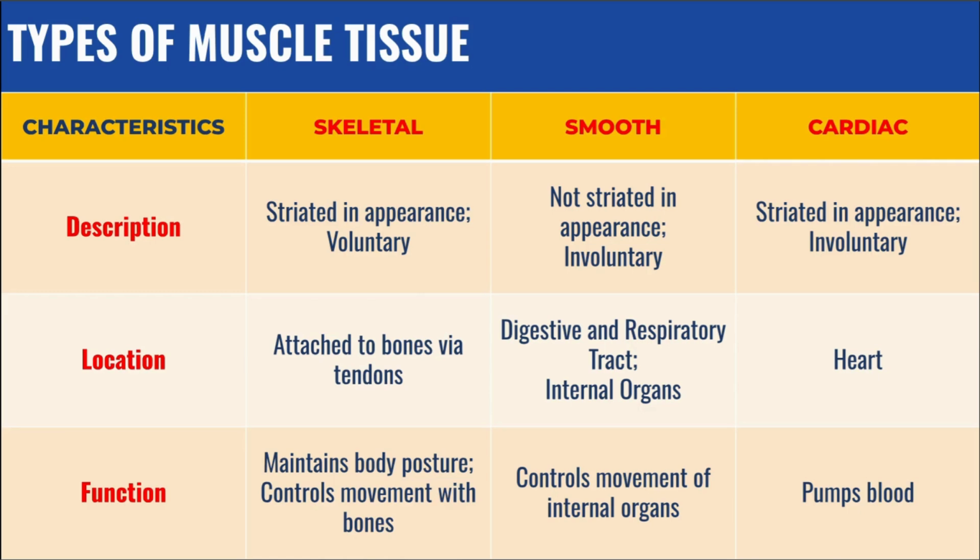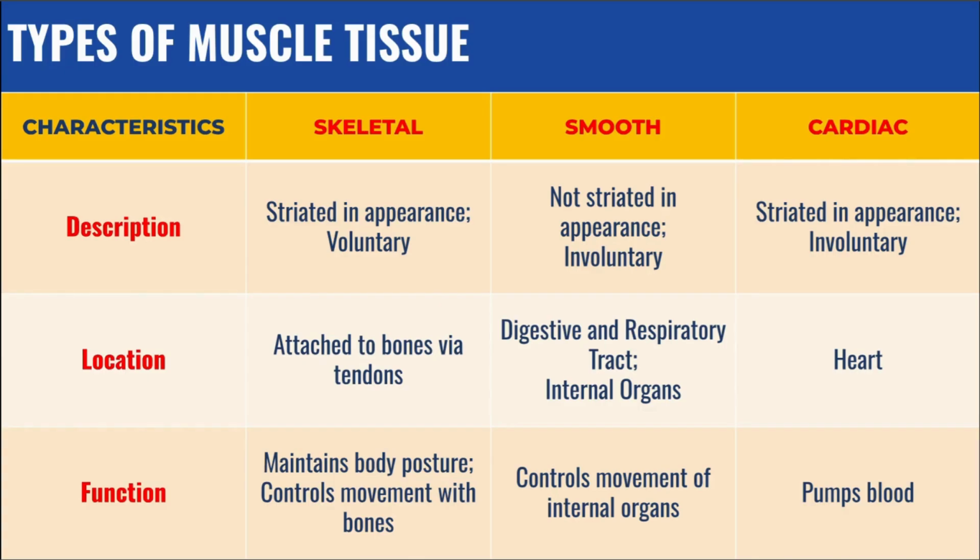In the skeletal muscle tissue, they are striated in appearance and they move voluntarily. So it's attached to bones and tendons and maintains our posture. And the smooth muscle tissue are not striated, so they are present in the digestive and respiratory tracts and the internal organs, and also control the movement of our internal organs.